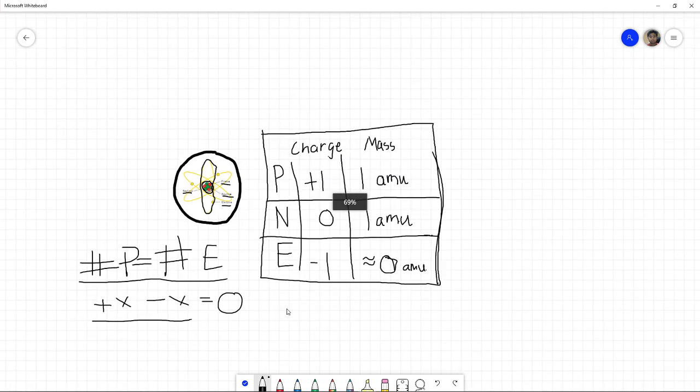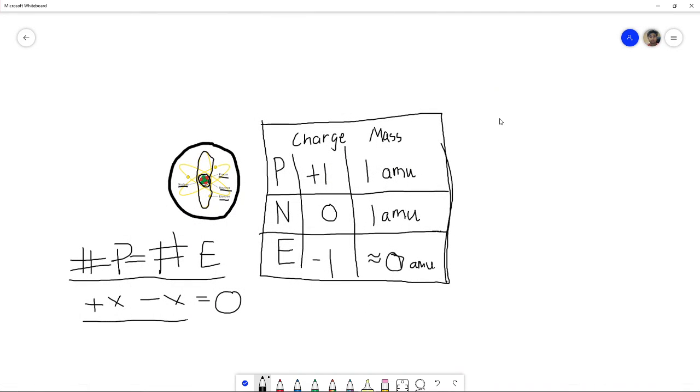Let's get a better example of this. Say we talk about the atom of carbon. Carbon has 6 protons and 6 electrons. The 6 protons contribute a positive charge of 6, and the 6 electrons contribute a charge of negative 6.